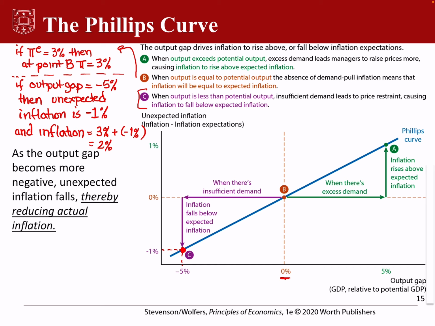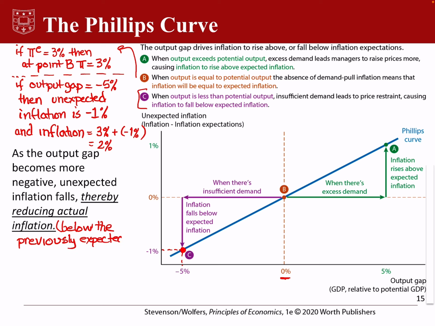And when the output gap itself is actually negative, the level of unexpected inflation itself is negative, and that reduces actual inflation, in other words, below the previously or initially, whatever word you want, expected level.